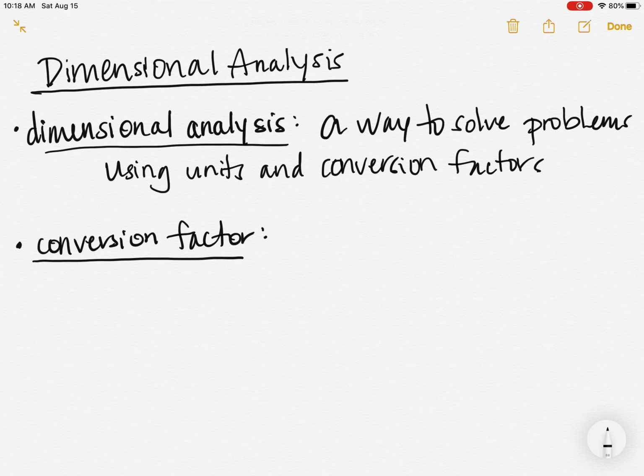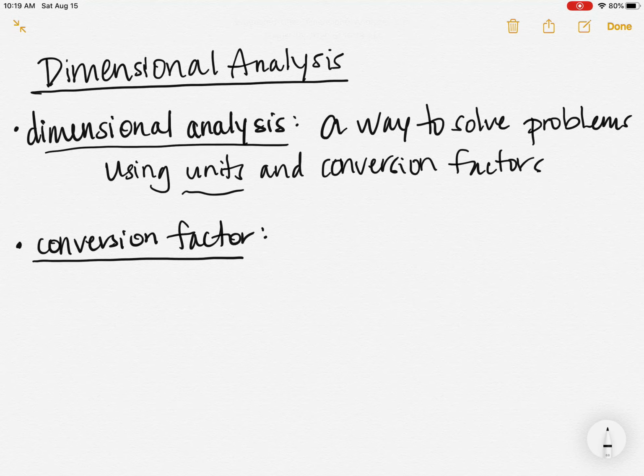Okay, so dimensional analysis is just a problem-solving technique that involves using units and something called conversion factors. So units, of course, are things like inches, miles, feet, liters, gallons, miles per hour, all of that kind of stuff is a unit. And then a conversion factor is our new term here today.